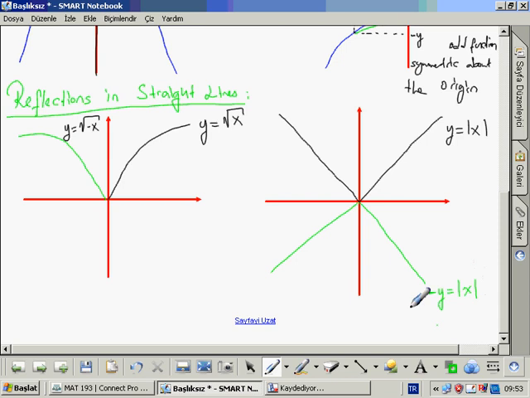You can find more reflection graphs on page 29.